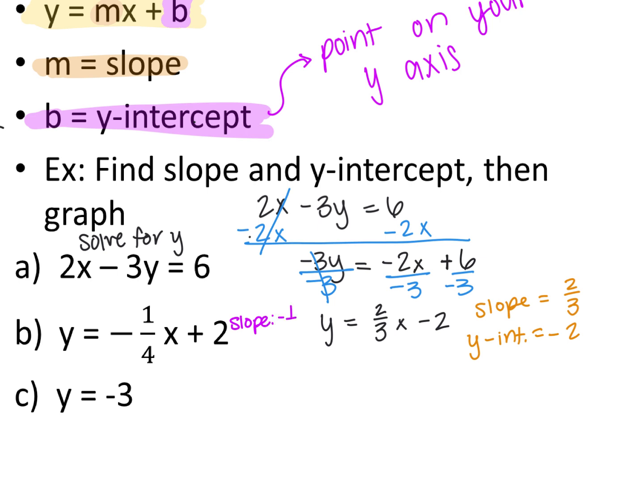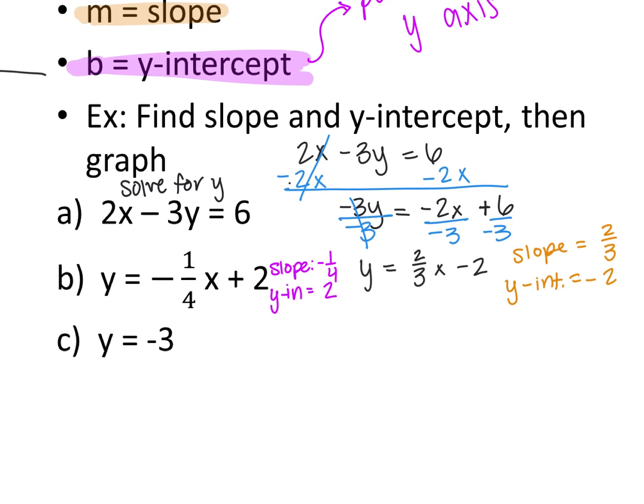Good, thank you, Robert. Negative 1 over 4. And what's my y-intercept? Positive 2. And looking at the last one, what's my slope for C? 0. Good, it's going to be 0. And what's my y-intercept? Negative 3.